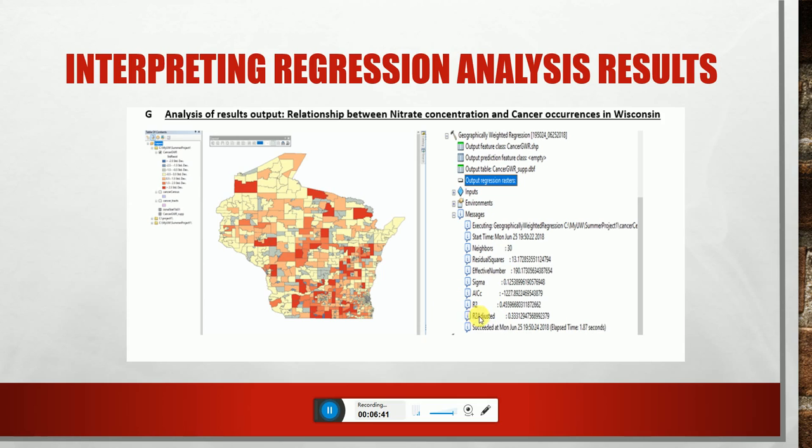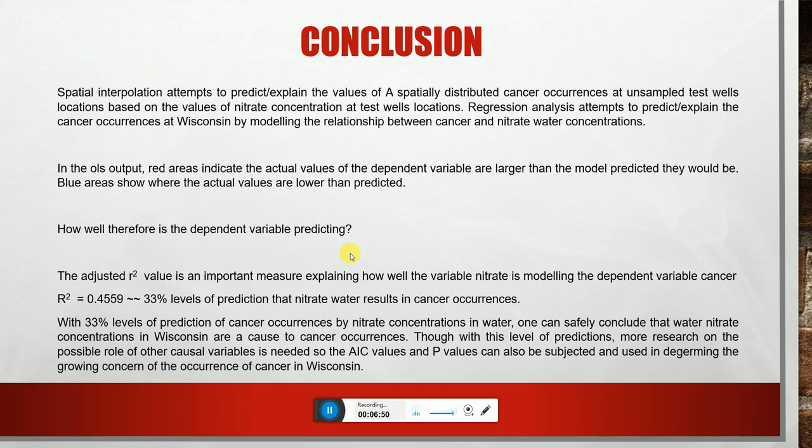And when we look at the adjusted R-squared value, which is 0.33, we can confidently say that the R-squared value gives us a 33% level of prediction that nitrate in water results in cancer occurrences.